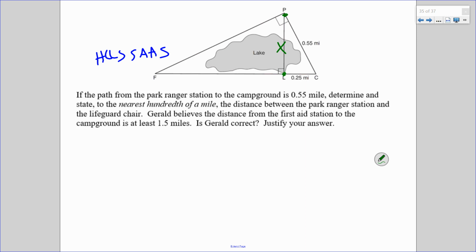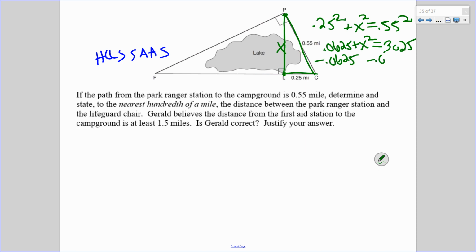Now, even though this is a hill steps picture, all this is a right triangle. To find the missing side of a right triangle, use the Pythagorean theorem. 0.25 squared plus x squared equals 0.55 squared. Use a calculator. 0.25 squared is 0.0625. 0.0625 plus x squared equals 0.55 squared, which is 0.3025.